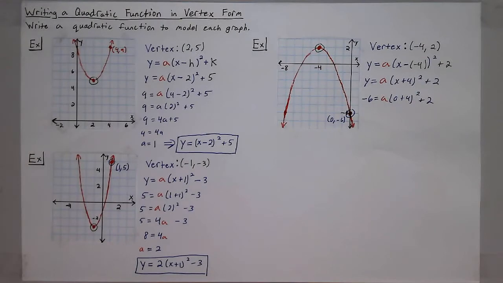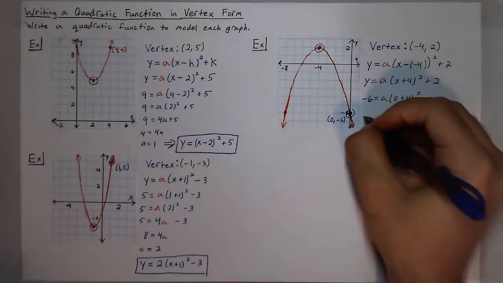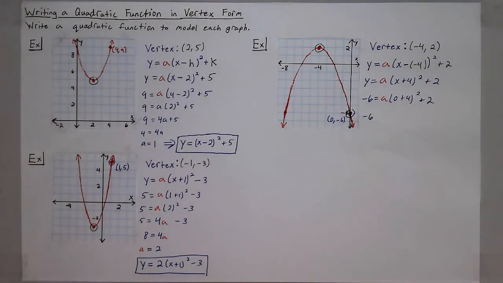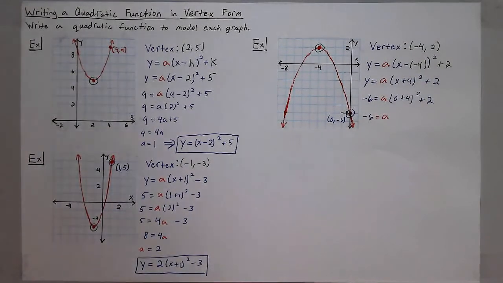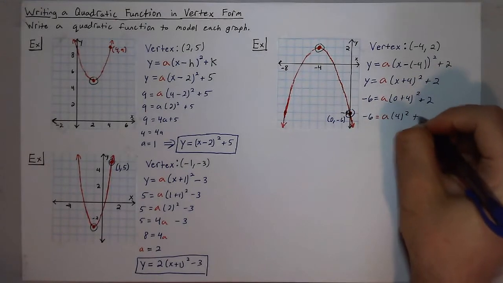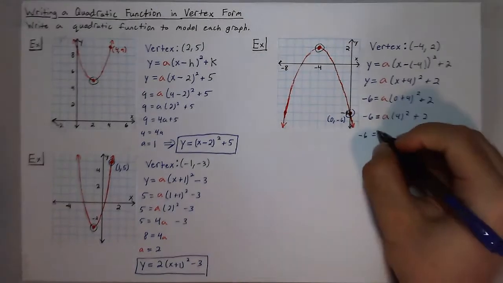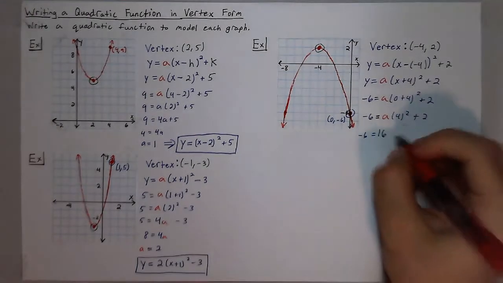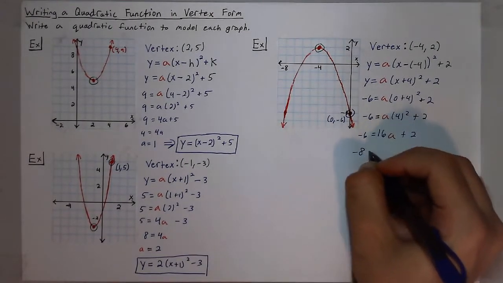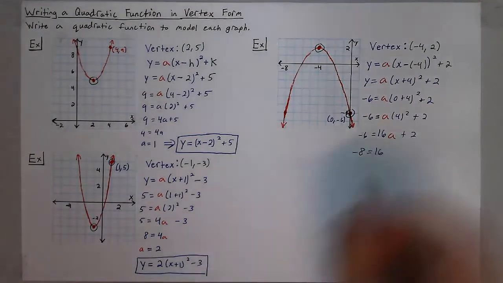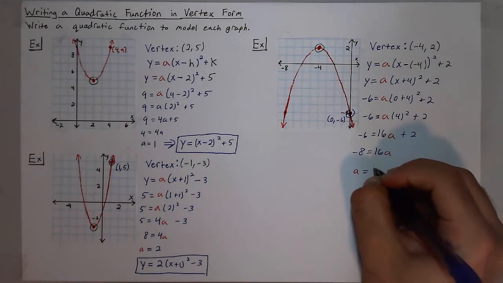And now I have negative 6 equals a times 4 squared, which is 16. So now I'll have negative 6 equals 16a plus 2. Subtract 2 from both sides gives me negative 8 equals 16a. And lastly, a is going to be equal to negative 1/2.